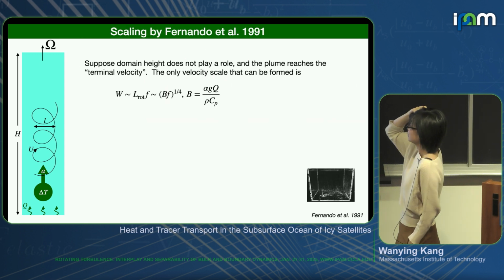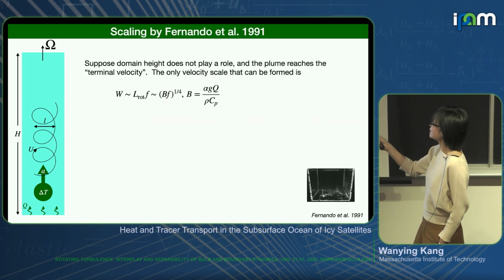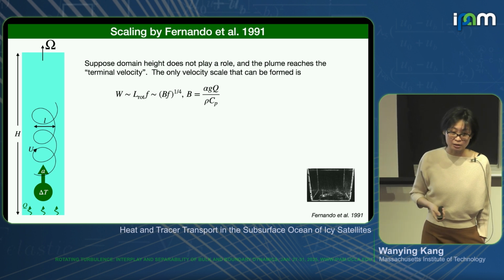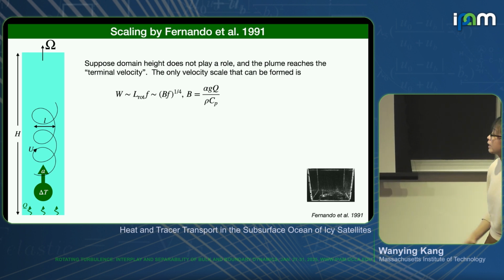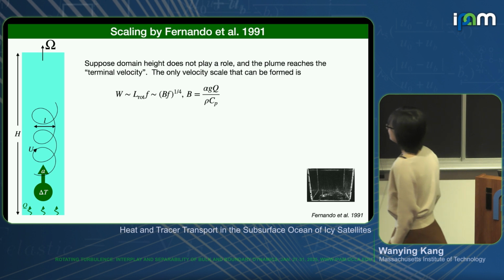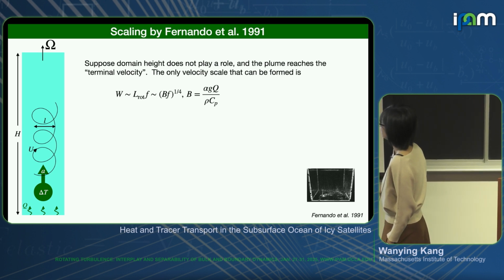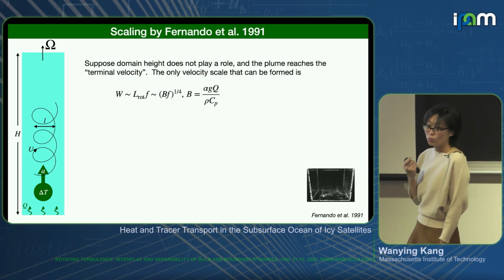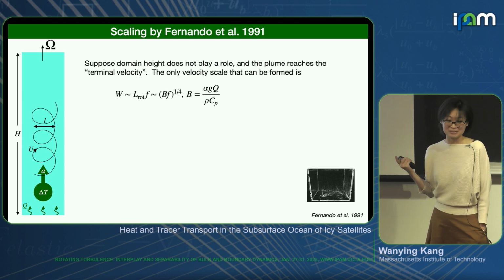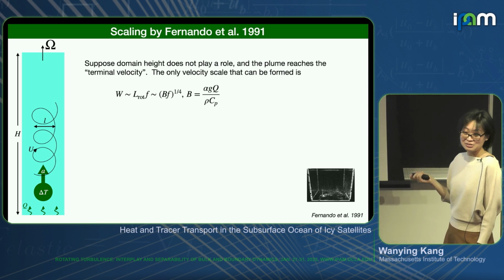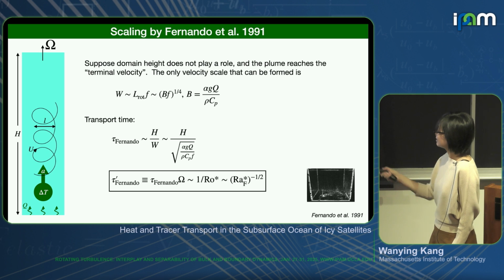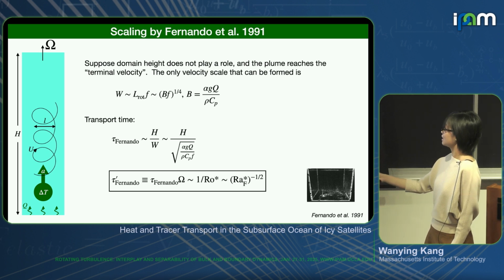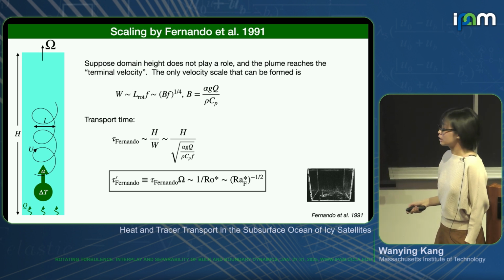And then there's this long-existing scaling by Fernando when he did his initial lab experiment in 1991. The argument is pretty simple. It's just that there's only one velocity scale that can be formed out of the system. And you just divide the h over that velocity, and you get another length scale.